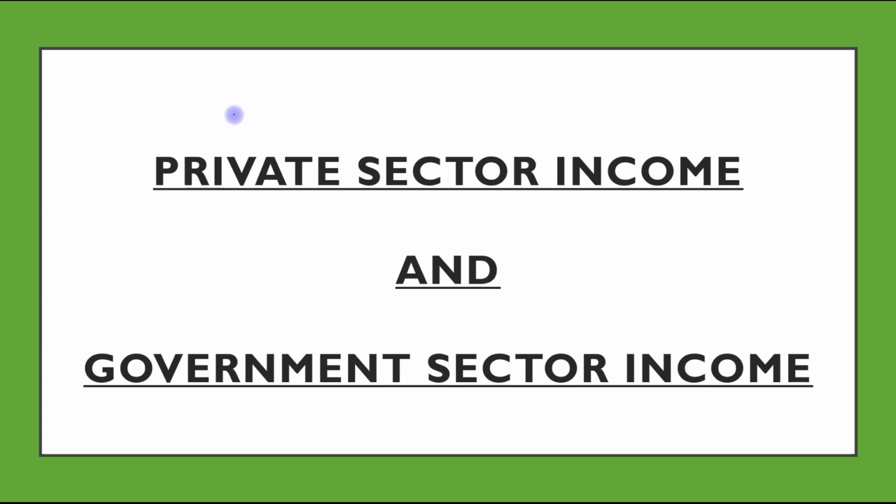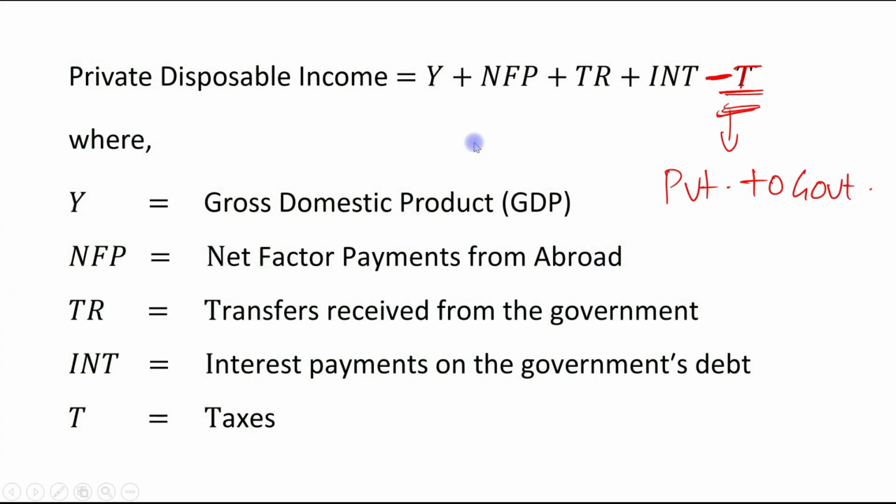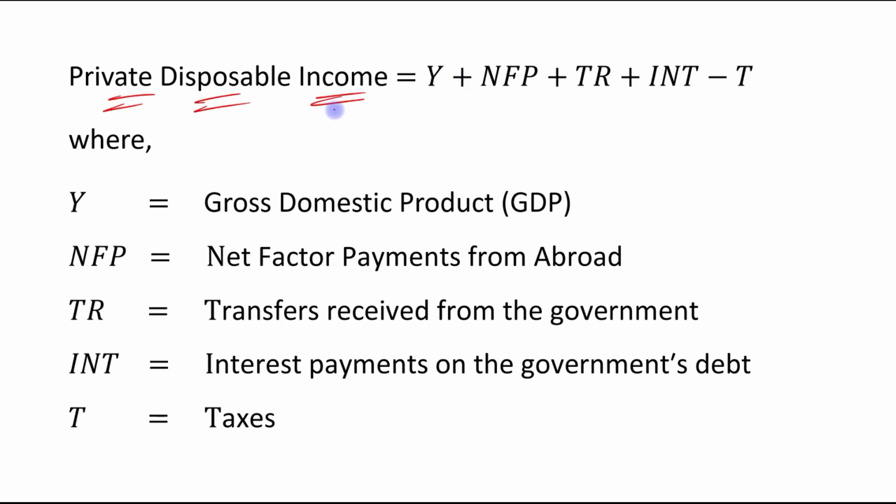So we have covered this first component, which is private sector income. Fine. Let's quickly recall. Private disposable income, income of the private sector. These two items denote the income of the private sector earned at home, which is GDP, and this is abroad, which is net factor payments from abroad.